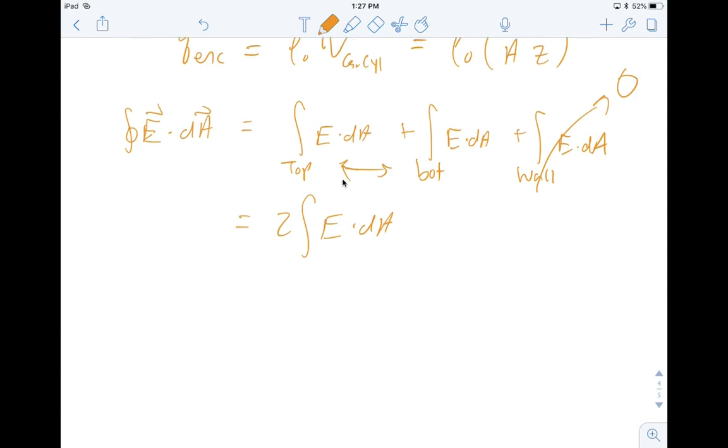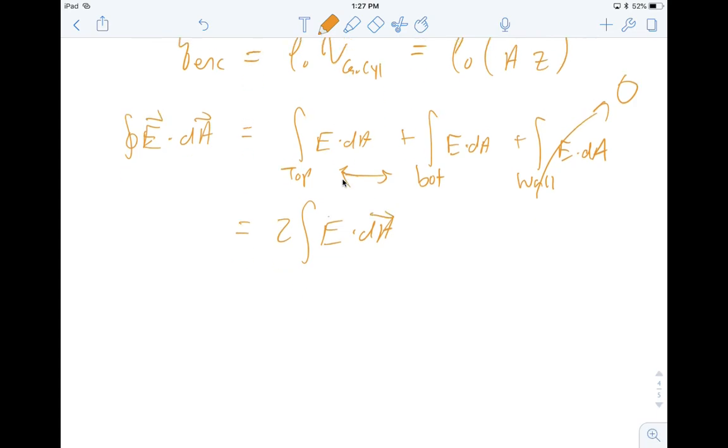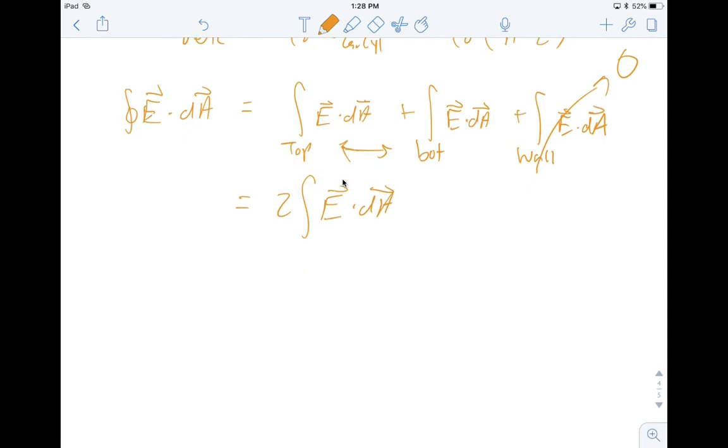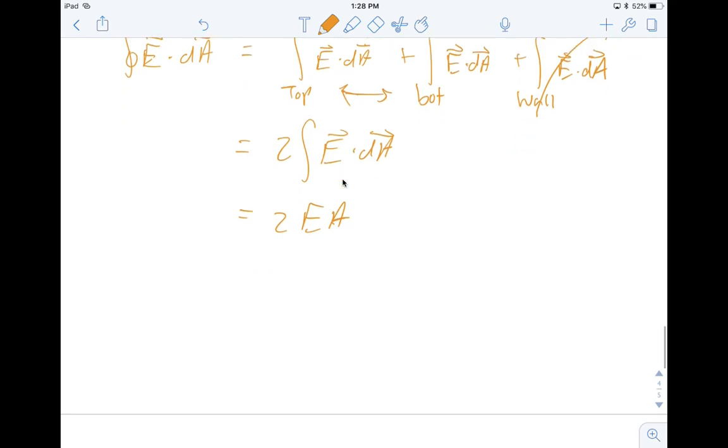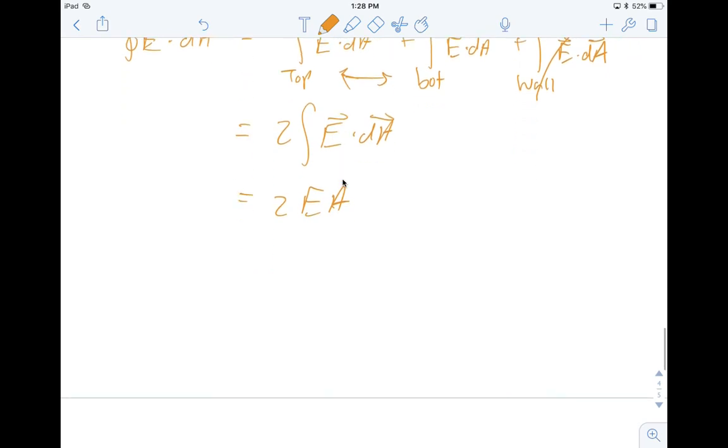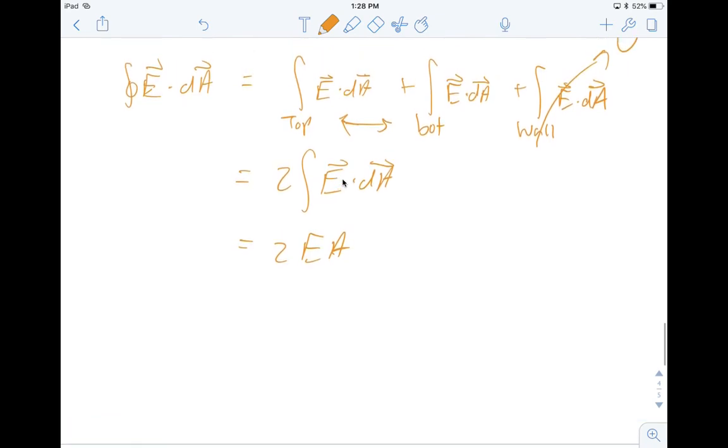So integral E dot dA, I'm forgetting my vectors everywhere, either equals 0 or equals E times the area of the top or bottom. That's the left side, and let's set that equal to the right side of the equation.